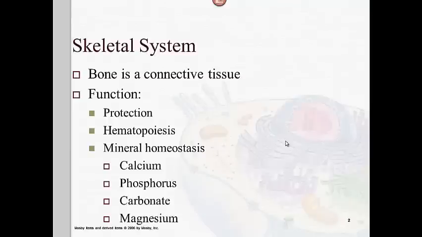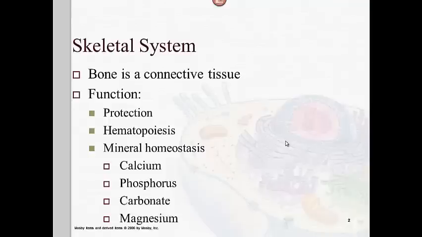Well, the skeletal system is basically composed of bone and muscles. Bone is a connective tissue, and before I proceed to the types of bone, let me explain a little bit how the bone is formed, which is basically osteogenesis.